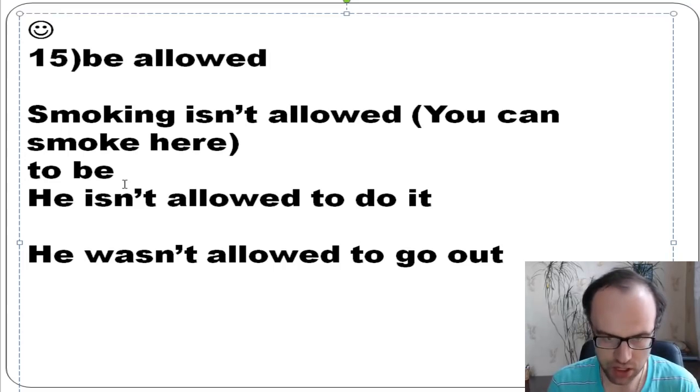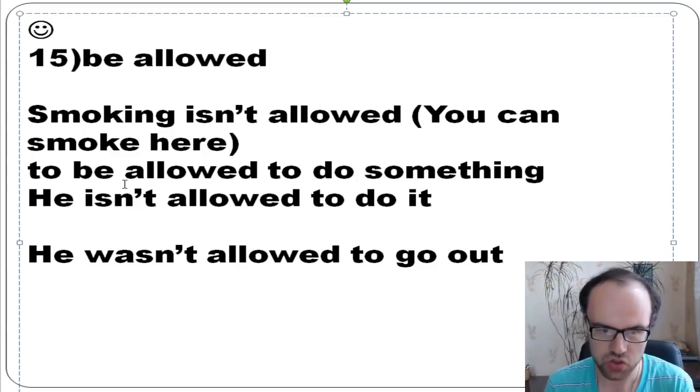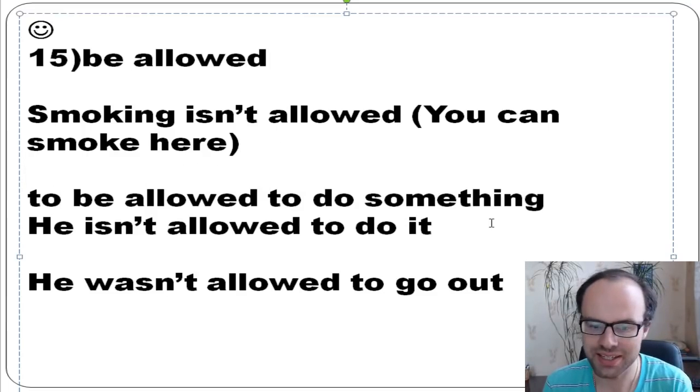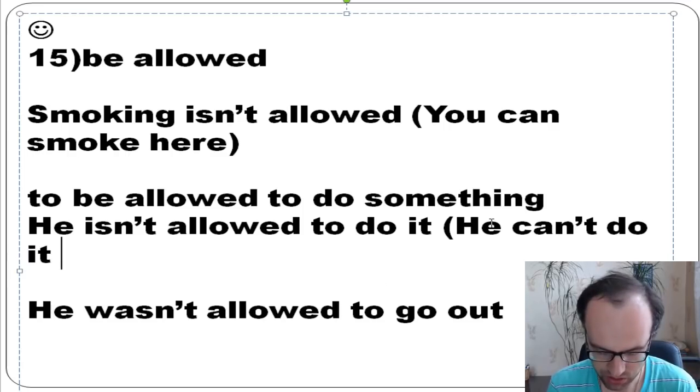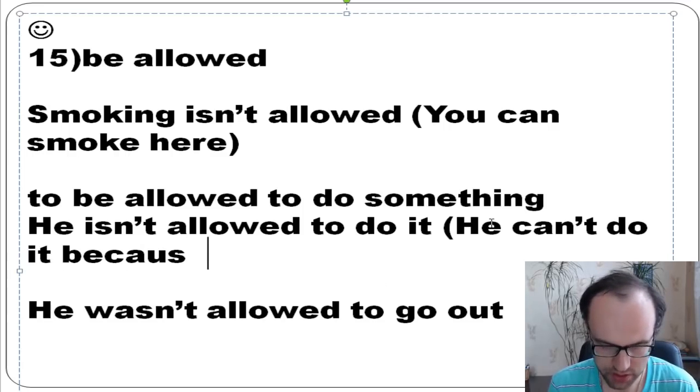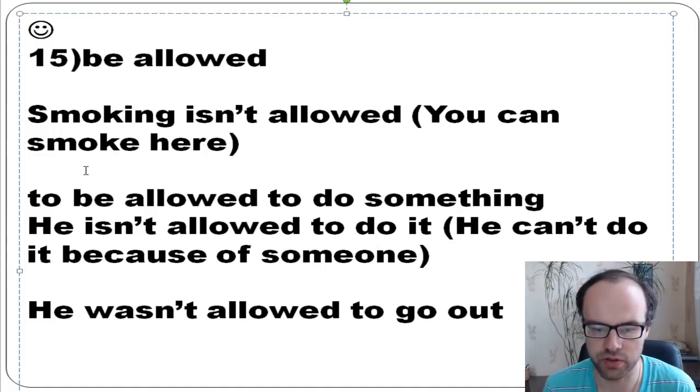So to be allowed to do something, he isn't allowed to do it. It means he can't do it because of someone. He can't do it because of someone, okay?